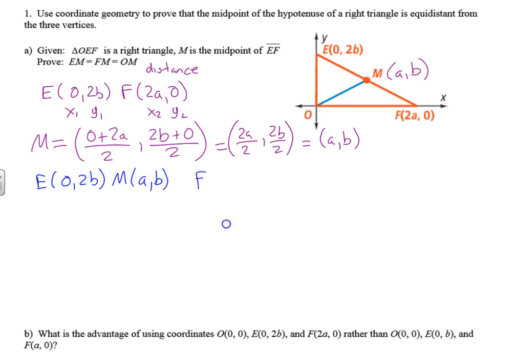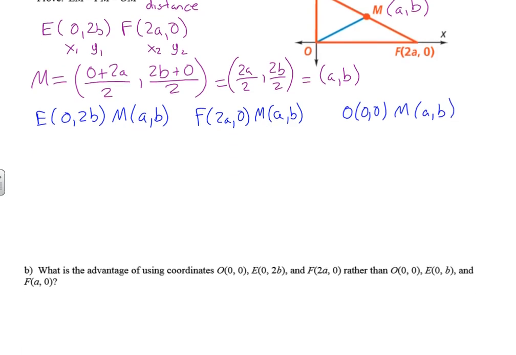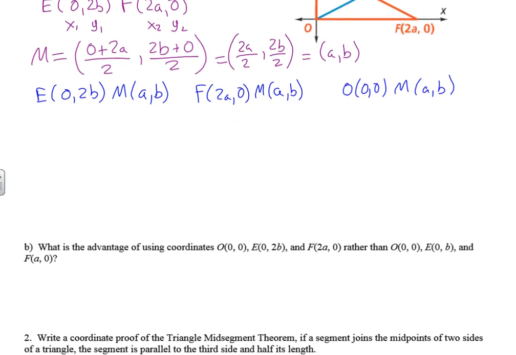FM: F is the point 2a, comma 0, and M is the point a, comma b. And then the last one we want to do is OM. O is the origin, 0, 0, and M is the point a, comma b. So we're going to do the distance formula, starting by labeling x sub 1, y sub 1, x sub 2, y sub 2.